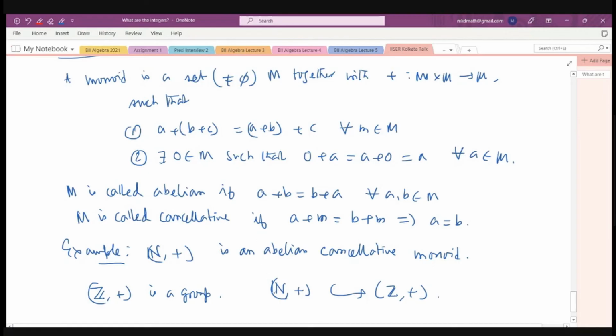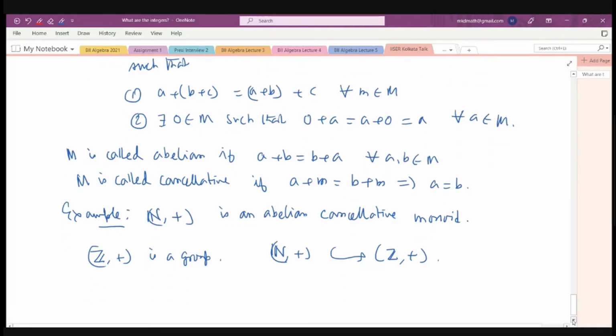So we say that this is the completion of the monoid N. N has some things missing, so you put in a bigger structure which becomes a group.